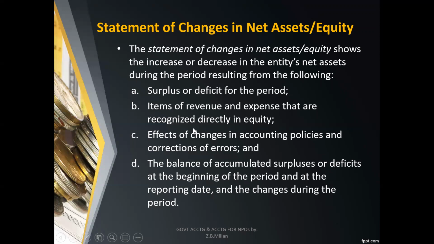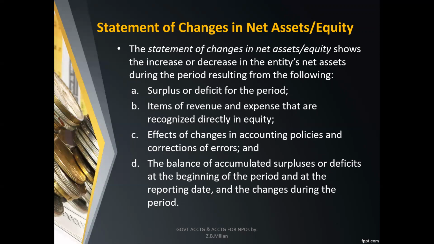Letter B, items of revenue and expense that are recognized directly in equity. And then you have letter C, the effect of changes in accounting policy and correction of errors. Letter D, the balance of the accumulated surplus or deficit at the beginning of the period and the reporting date and the changes during the period.